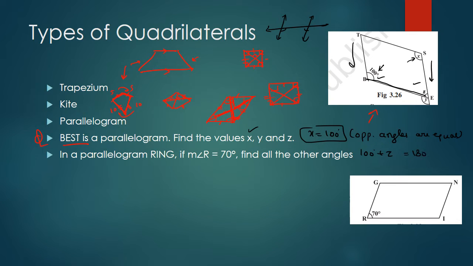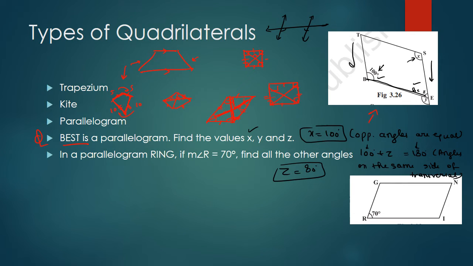What is the reason? Angles on the same side of transversal having sum as 180 degree, correct? Now, so this z becomes 180 minus 100, that is 80 degree, right?